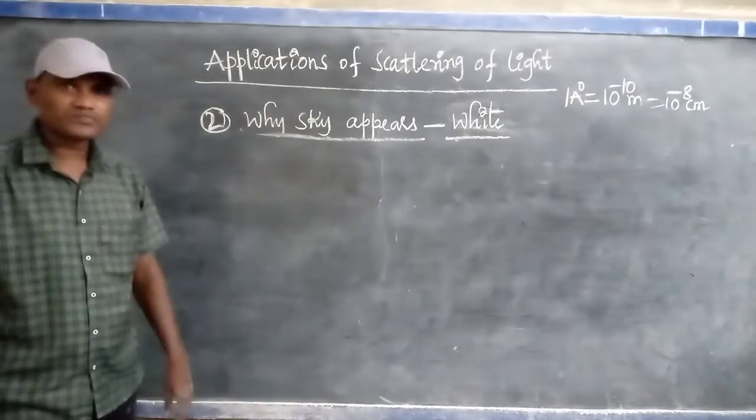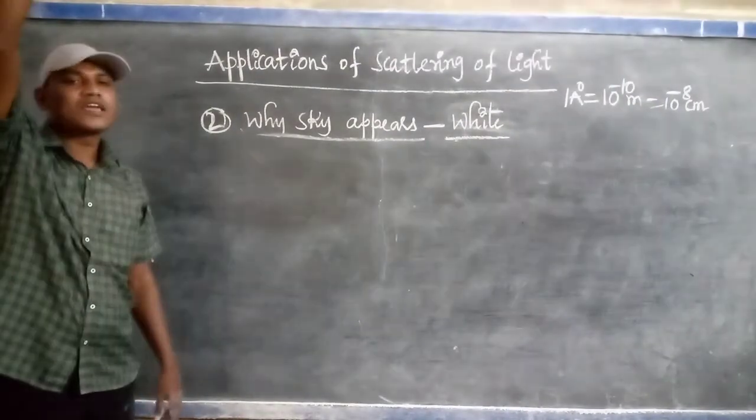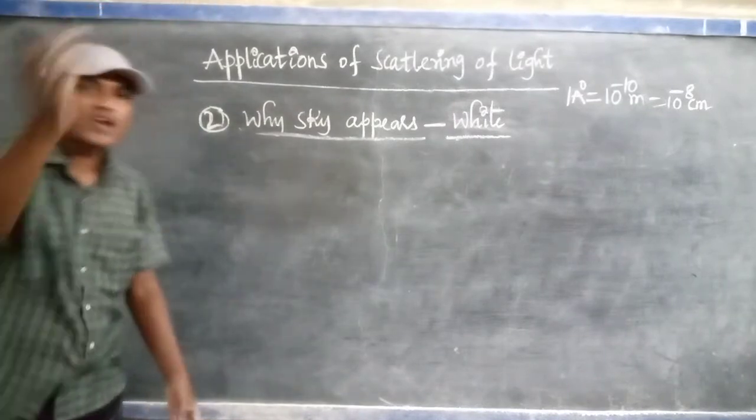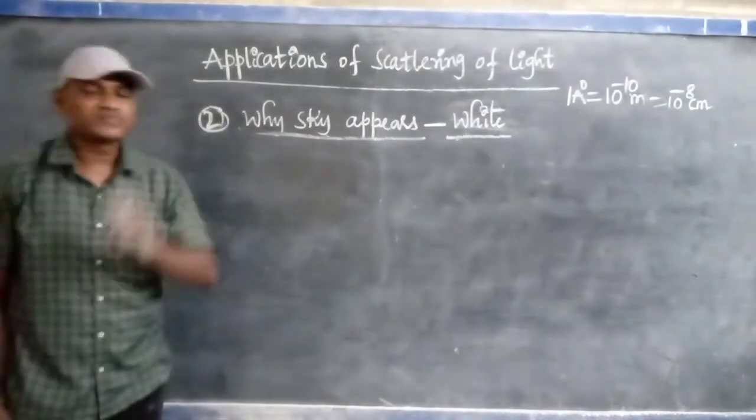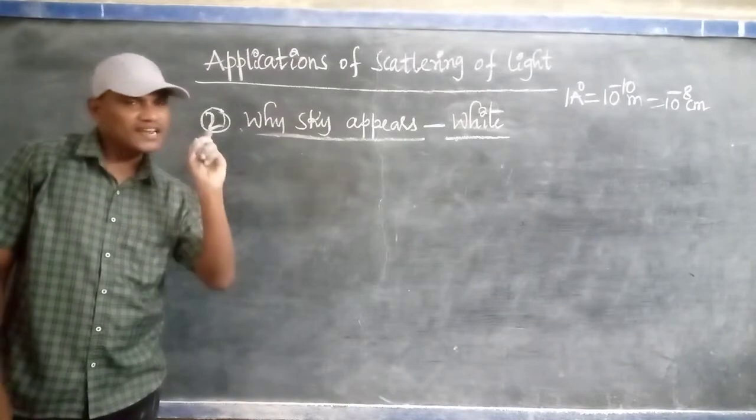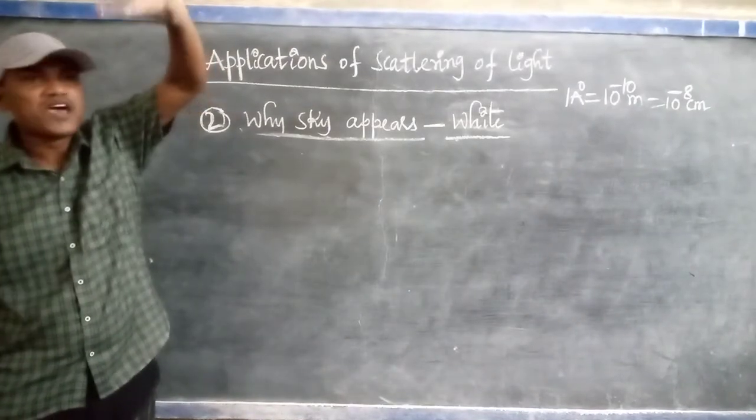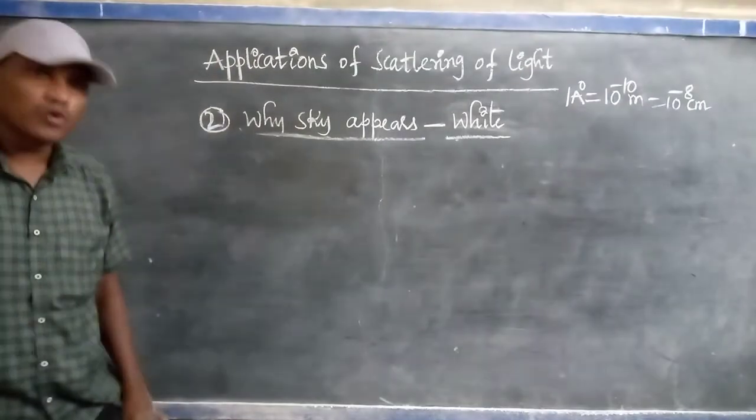What is the reason? If the sun is not exactly over our head, at another position, then except at sunrise, sunset and noon time, in the remaining cases the sky appears blue.